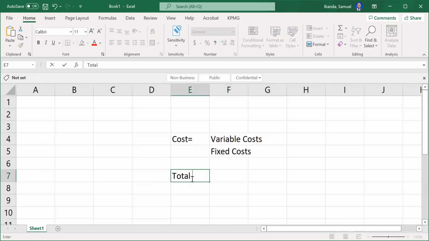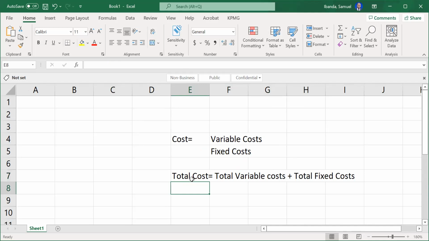In fact, total cost is usually given by the total variable costs plus total fixed costs. That is how it is.